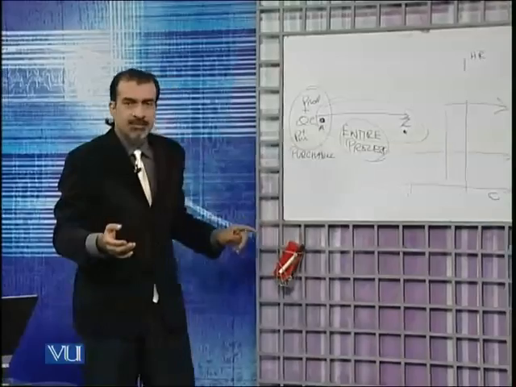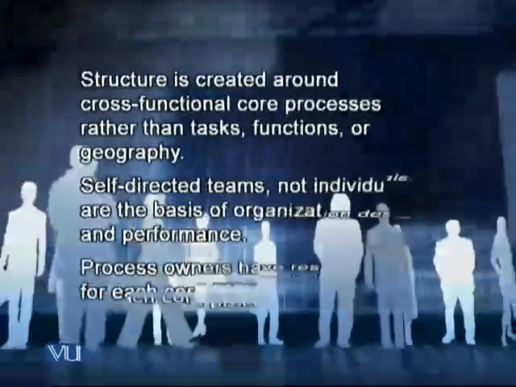And this way, the accountability and the sense of ownership of people working on that process can be much more than what we see in traditional functional organizations, where the process is not the focus, but function or geography or product or some other driving force is the focus.